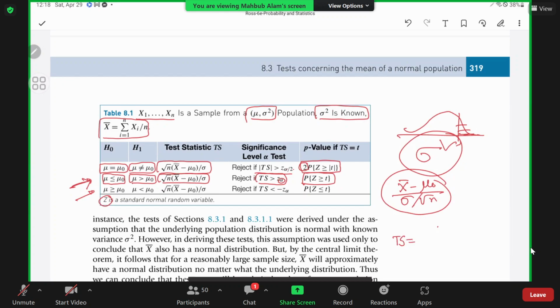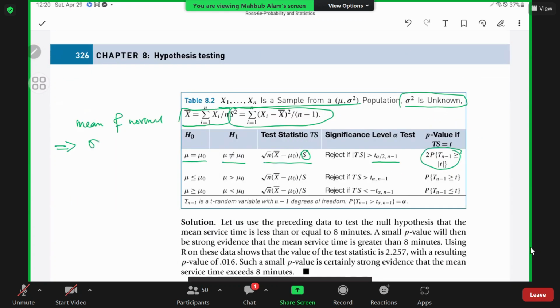So whenever you have hypothesis testing related to the mean of a normal population, ask yourself: is sigma square given or not given? If it is given, then the test statistic will be x bar minus mu naught divided by sigma over square root of n, and the test statistic will be compared with Z alpha by 2.